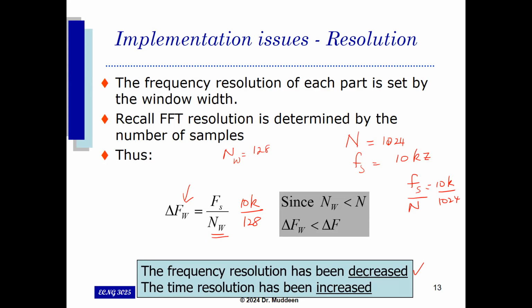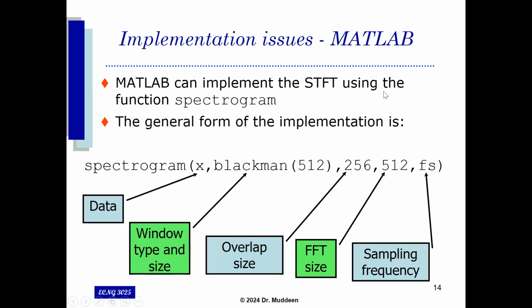So the typical thing that we've encountered way back in the early days when we were looking at the Fourier series and the Fourier transform is that if you increase the resolution in time, you decrease the resolution in frequency. If you increase the resolution in frequency, you decrease the resolution in time. All right, that sort of inverse behavior there, right?